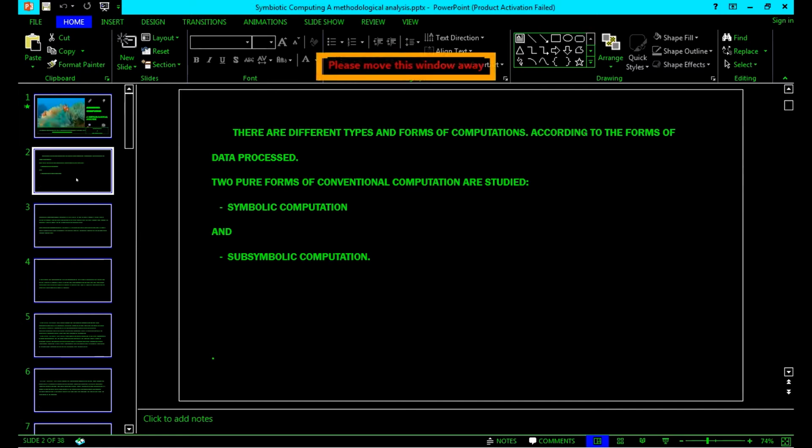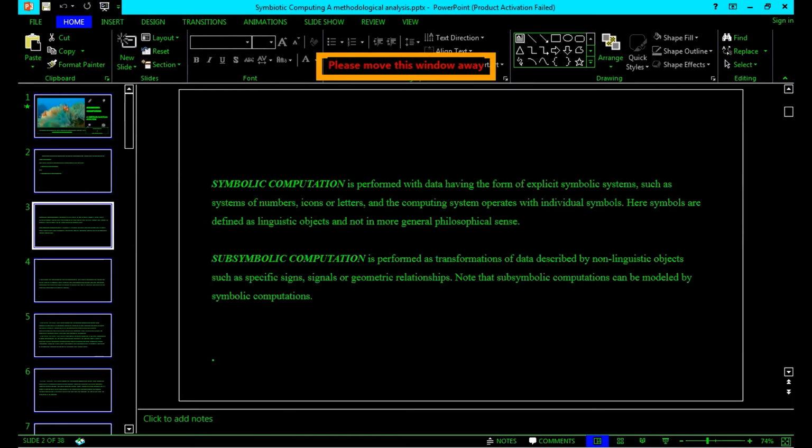So it's some illusion that contemporary artificial neural networks perform sub-symbolic computation. So what is symbolic computation? Symbolic computation is performed with data having the form of explicit symbolic systems, such as systems of numbers, icons, or letters.